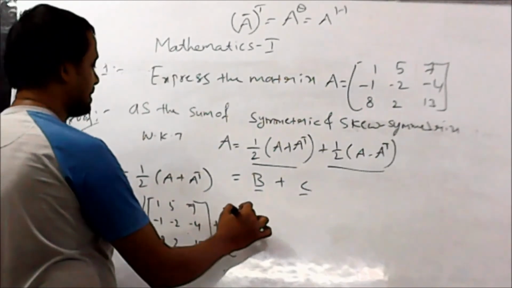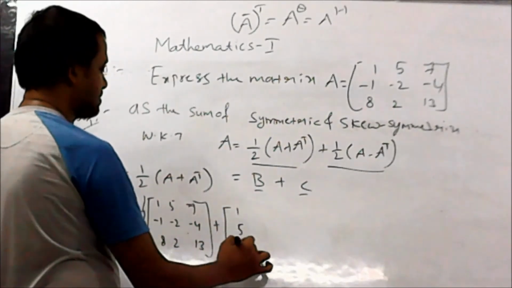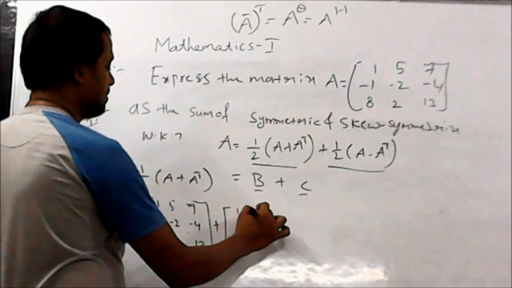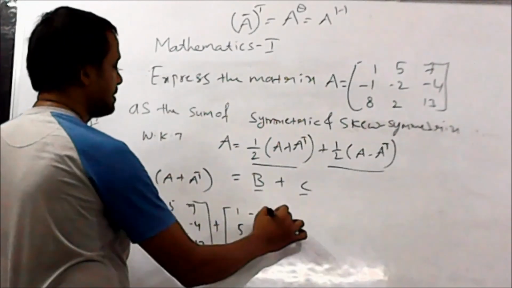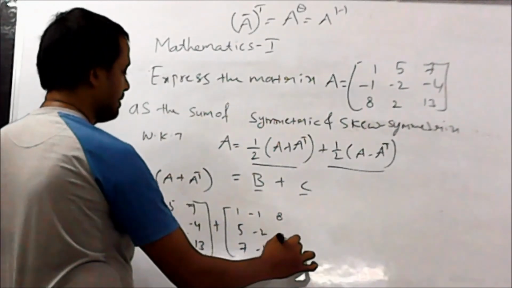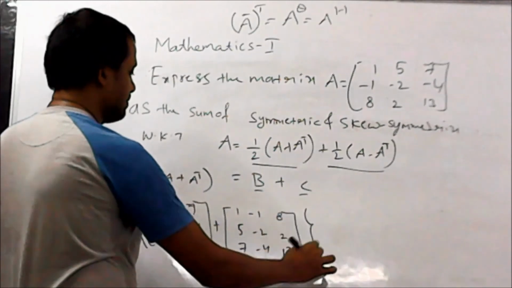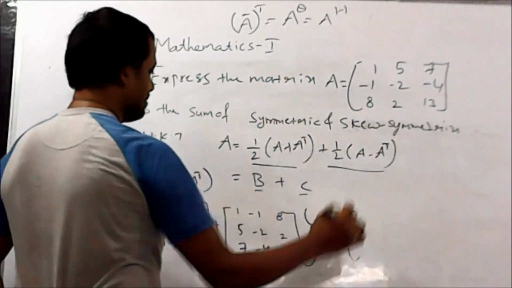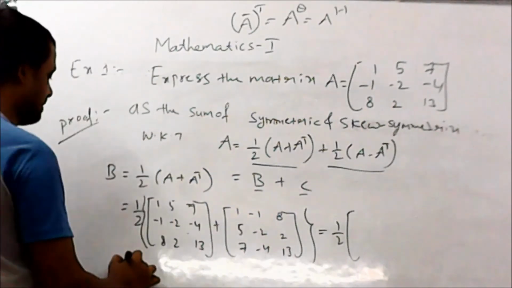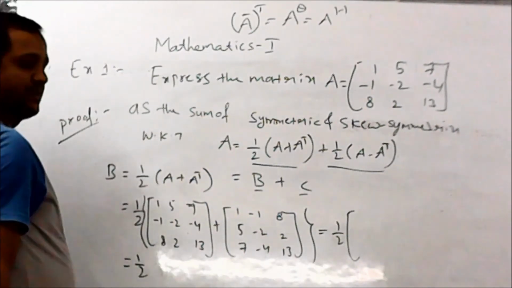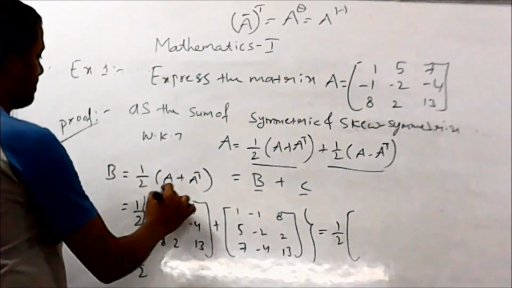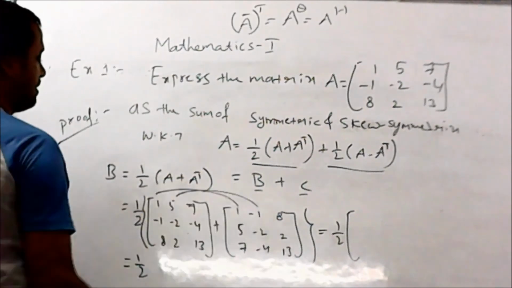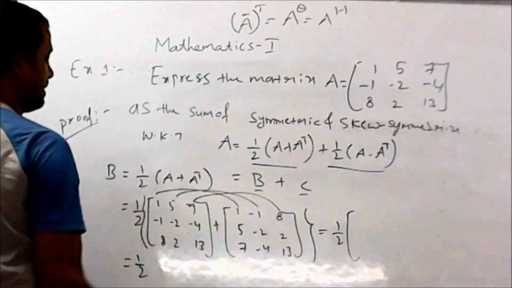We write rows as columns: first row 1, 5, 7, second row minus 1, minus 2, minus 4, third row 8, 2, 13. Those are curly braces. So we need only the addition. The addition is 1 plus 1, 5 minus 1, 7 plus 8, like that.